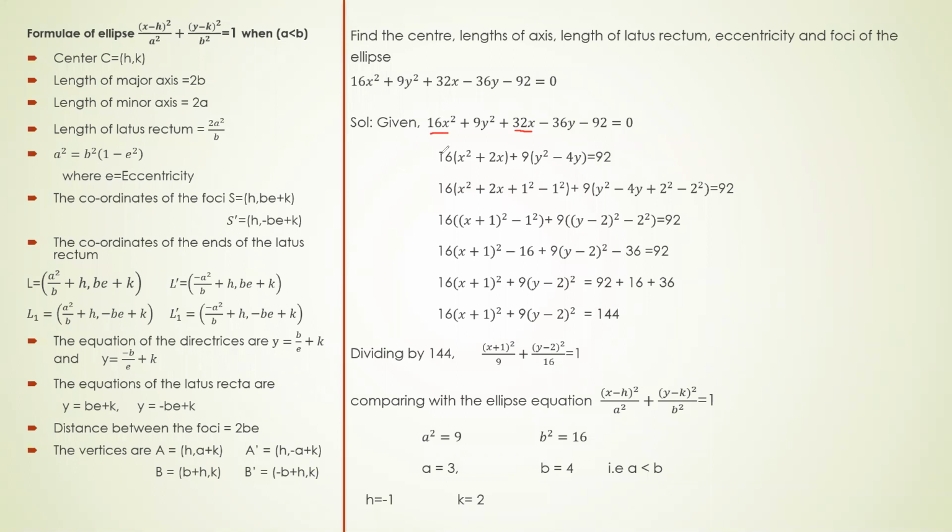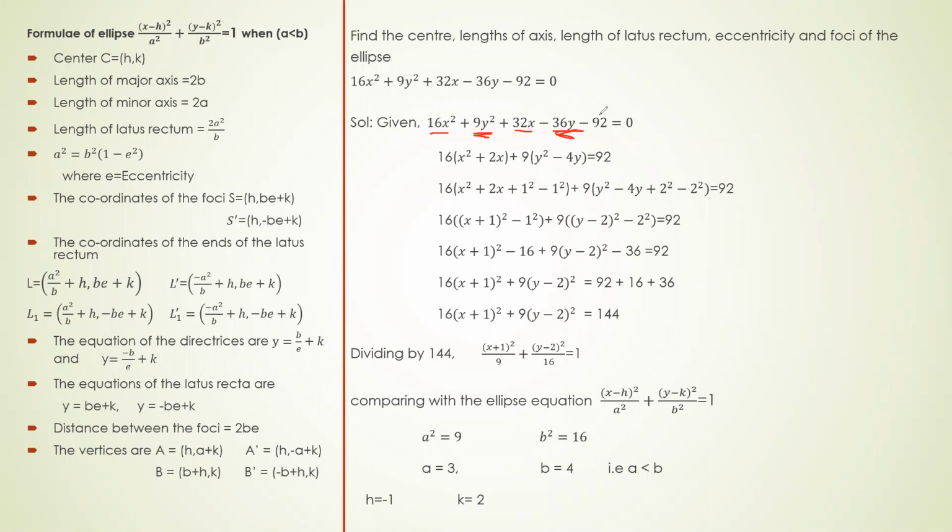When I take 16 common, x square is left out, and 16 2s are 32, so 2x is left out. This will be in brackets. Now similarly, we'll solve it for y. We have 9y square minus 36y. I will take 9 common, so y square is left out, and 9 4s are 36, so minus 4y, because minus is there.